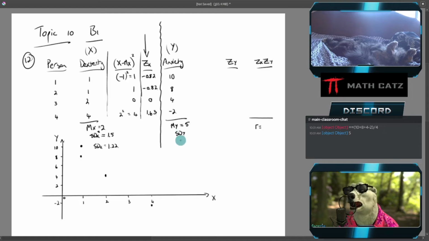Then, of course, in order to get the standard deviation, we're going to have to go through the variance. And for that, I'm going to look at the deviation from the mean. For the first one, it would be 10 minus 5, so that'll be 5. And then I'm going to square it for a 25.